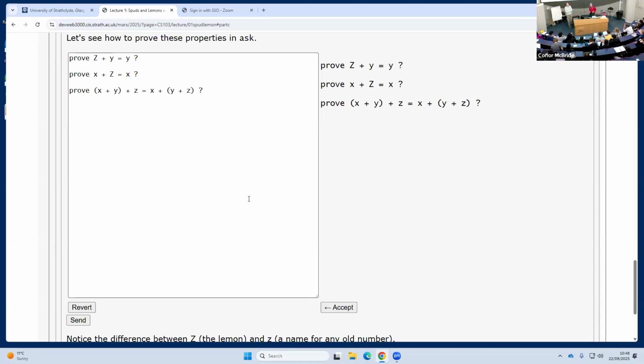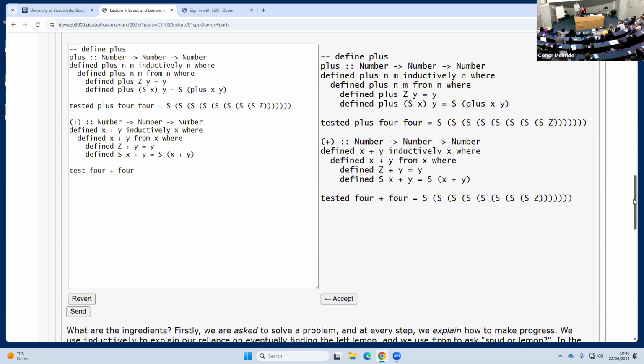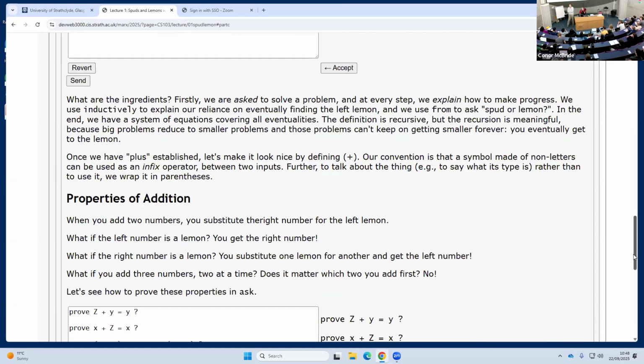And Ask knows nothing about adding beyond the way we defined it. So the first equation, if you look at the definition of adding, that's just true by definition. That was part of the definition.